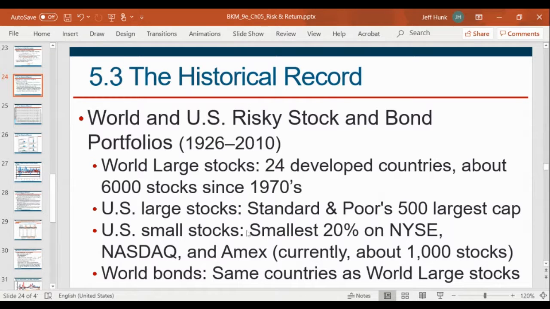Now, for U.S. stocks, the large stocks were the Standard and Poor's 500, I'm sorry, the 500 largest by capitalization.